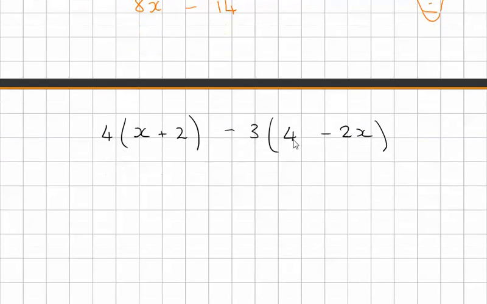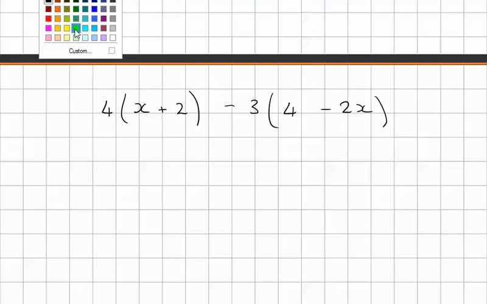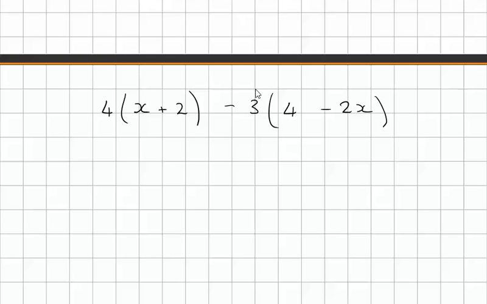This is harder because people don't pay attention to the negative in the middle. Go on then, Nico, what do you reckon? 4x plus 8, minus 12, plus 6x. So you've done it fine.